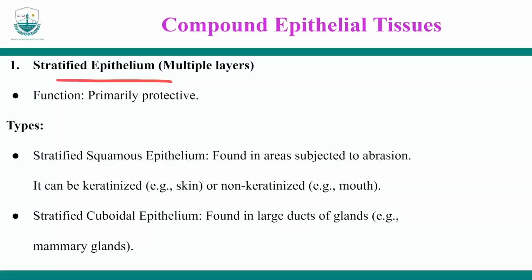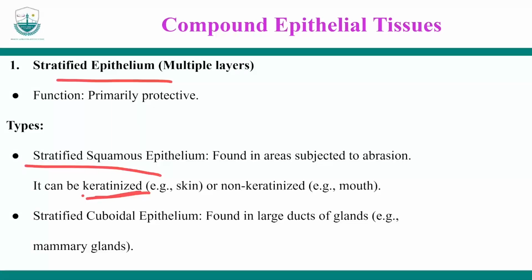Stratified squamous has several layers, but the cells are irregular. Sometimes these cells can be keratinized, meaning they contain keratin. Epithelial tissues that have keratin are usually for protection.